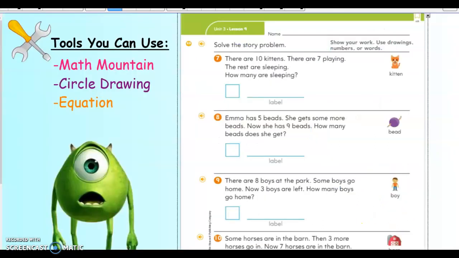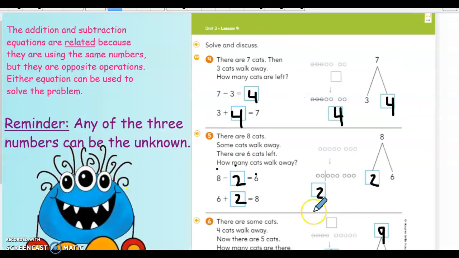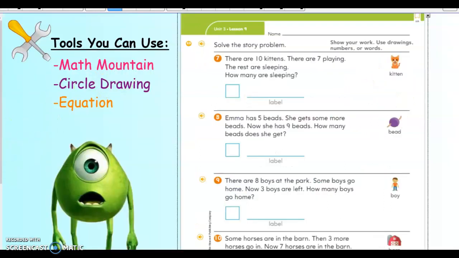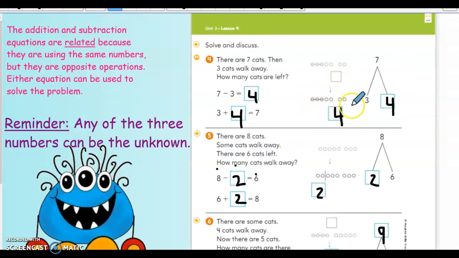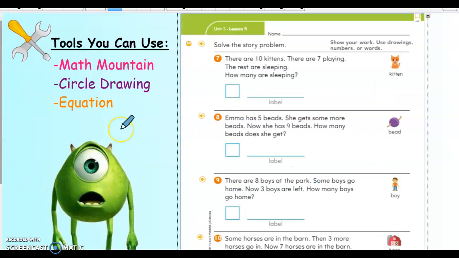Okay, I'm going to talk you through the directions here for the next 2 pages, and I want to remind you that you can use the math mountain such as this. You can use the circle drawing such as these right here. Or you can use the equation, whichever equation works best for you, adding or subtracting.